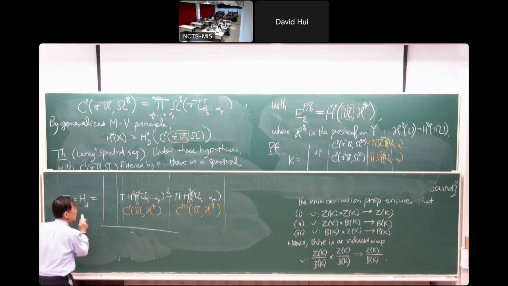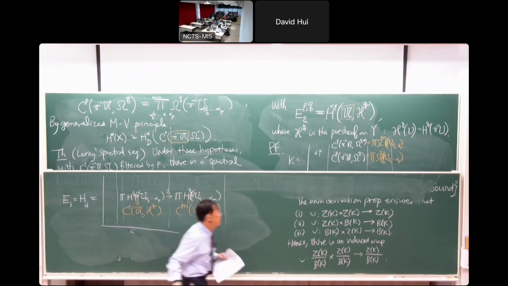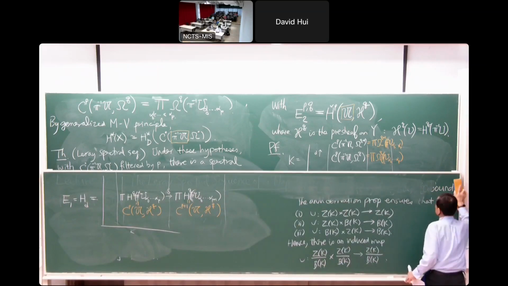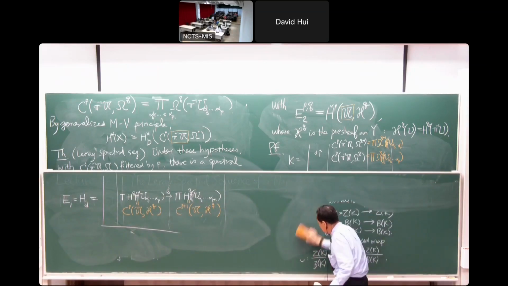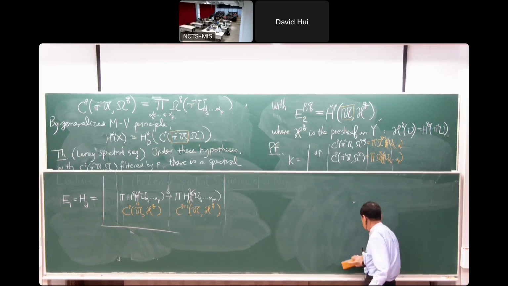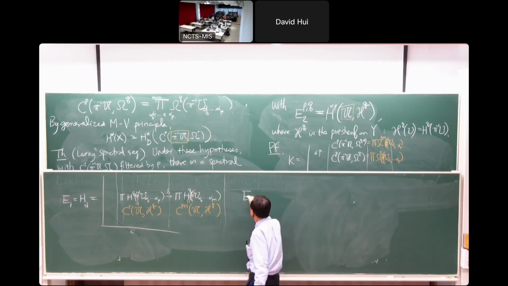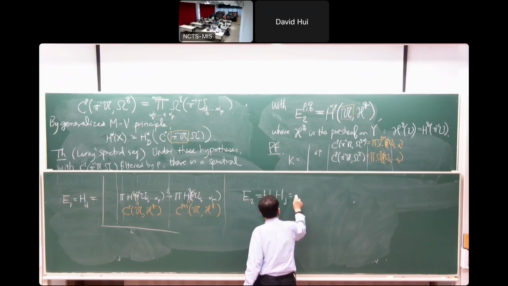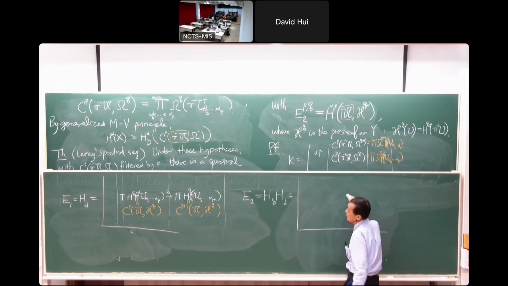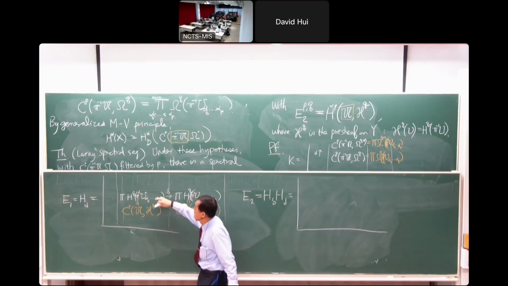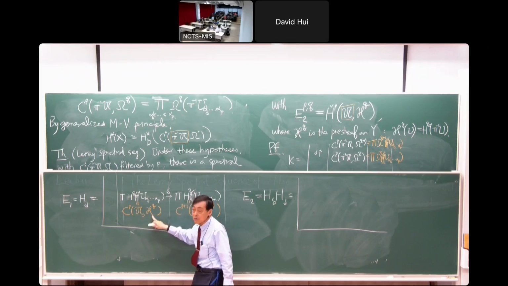And then E2, not H2, E2 is H_delta H_d. And this is precisely the Čech cochain complex of the open cover with coefficients in the presheaf script H^Q.